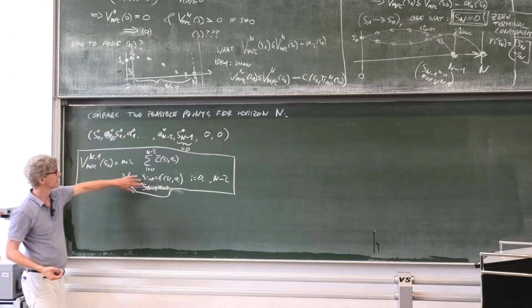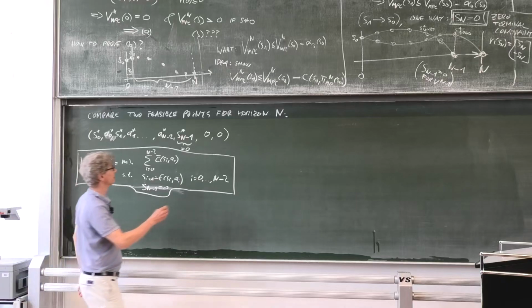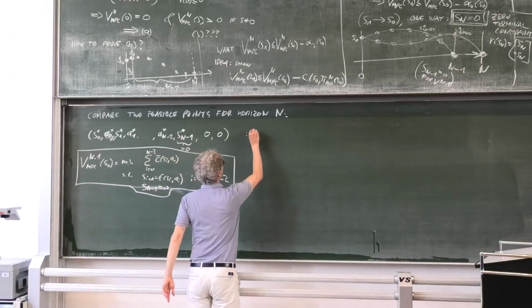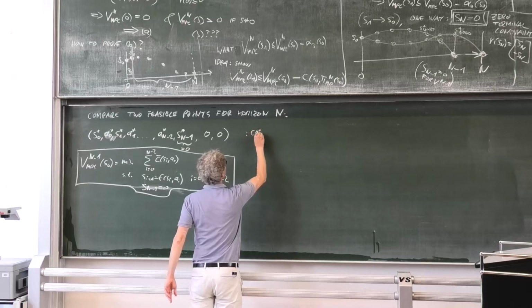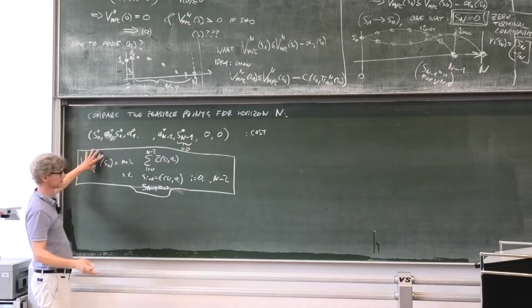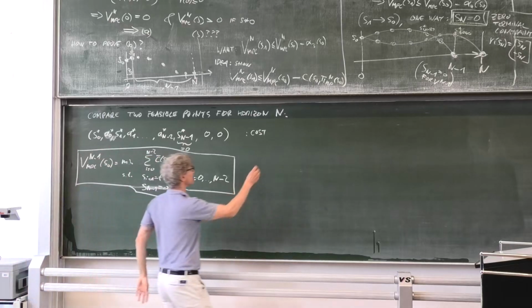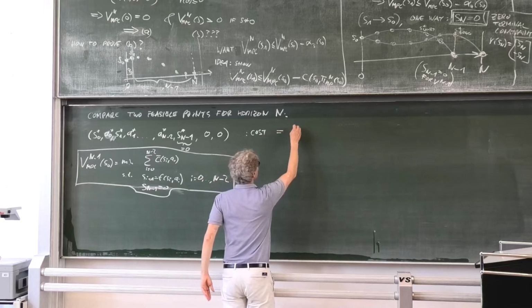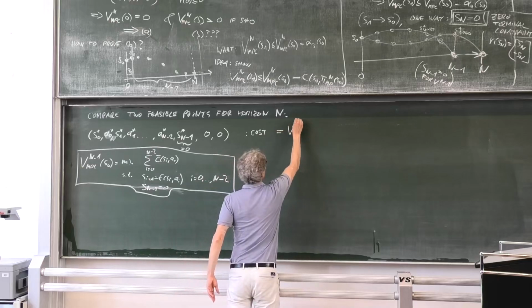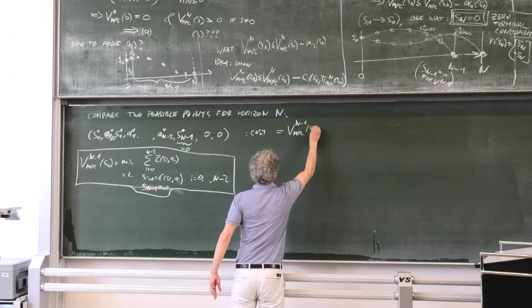So if I have this, then this is obviously 0, right? And the cost of this, which I didn't define because this is the optimal cost and I don't want to misuse it, but the cost of that trajectory is actually equal to this V n minus 1 MPC at S0, right?